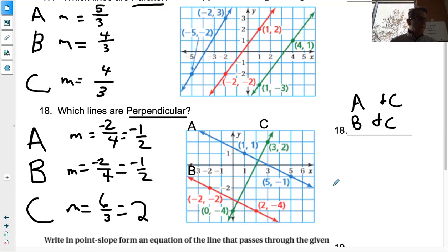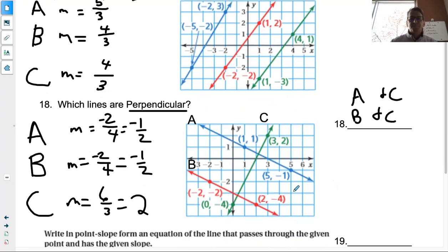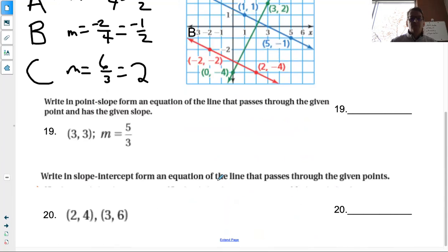The last two, number 19, ask you to write in point slope form an equation of the line that passes through the given point and has the given slope. Point slope form is as follows: y minus y1 is equal to the slope times x minus x1. So in this case, you're given the slope and you're given a point. This point is x1, y1, and here's the slope of 5/3.